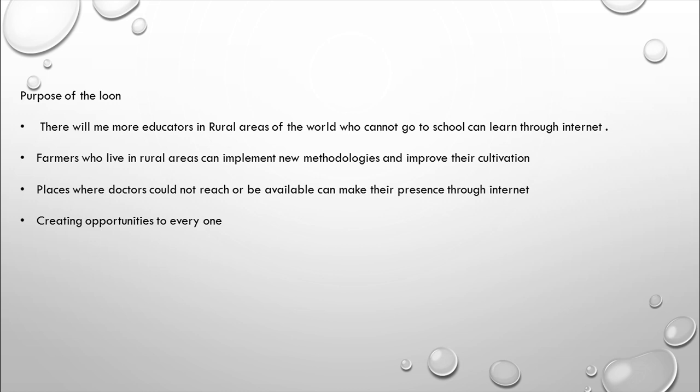In places where doctors cannot reach, they can make their presence felt through internet, like conversation through Skype or by viewing methods on YouTube, and can also monitor their patients online. It also creates opportunities for everyone who can benefit through internet, like business people and people who wish to apply for jobs or need to collect any information.